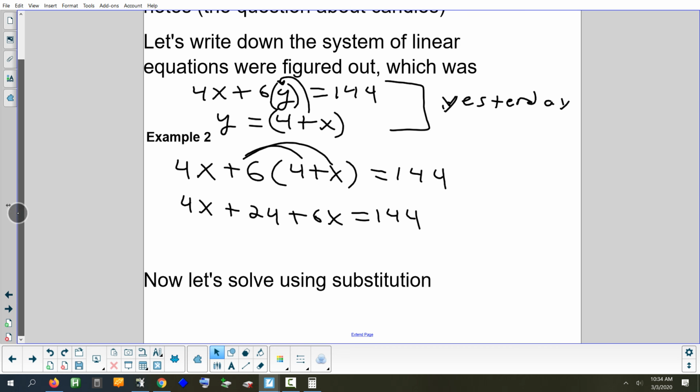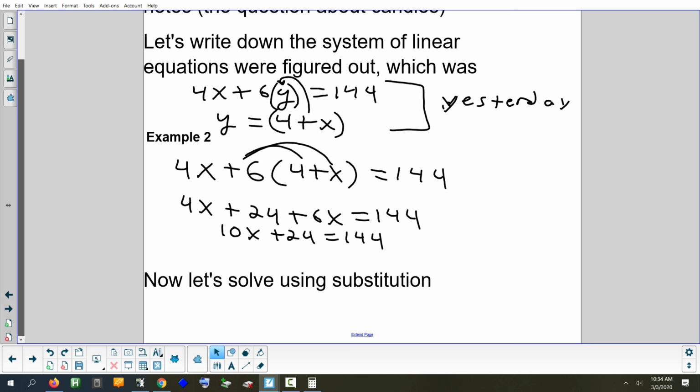Okay, good start. What's the next thing that I should do? Combine like terms. I see a 4x and a 6x. What do those combine to? Yep, 10x plus 24 equals 144.